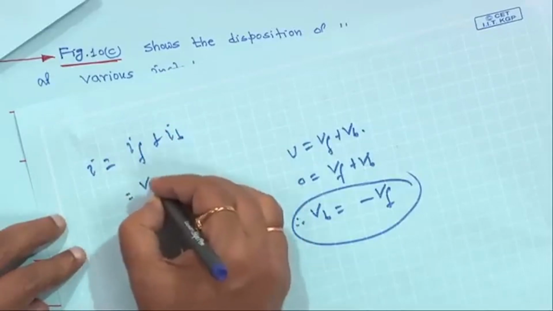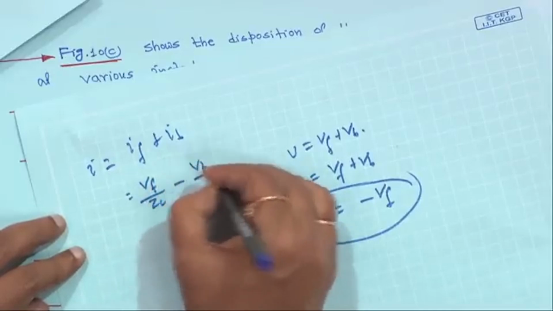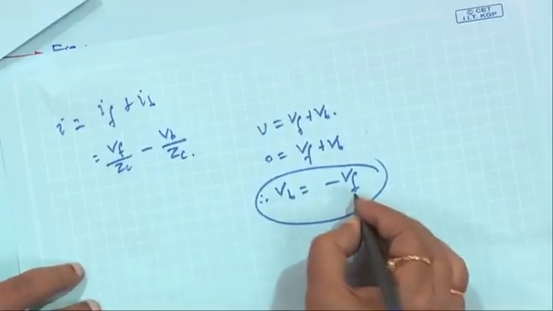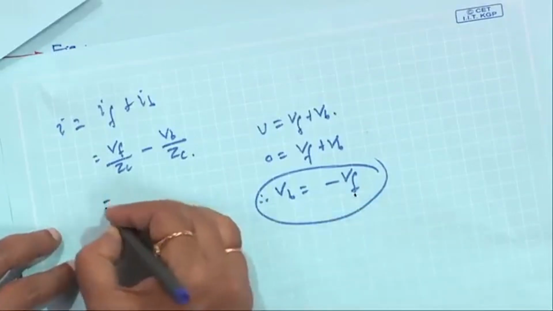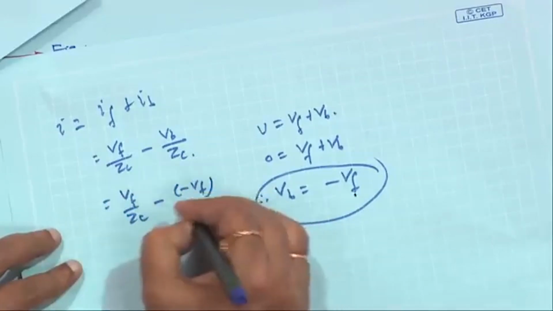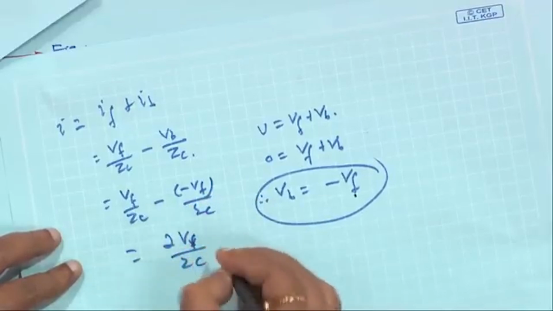I F is equal to V F upon Z C, and I B is equal to minus V B upon Z C. But V B is equal to minus V F, therefore V F upon Z C and V F upon Z C, so it will be 2 V F upon Z C, right.